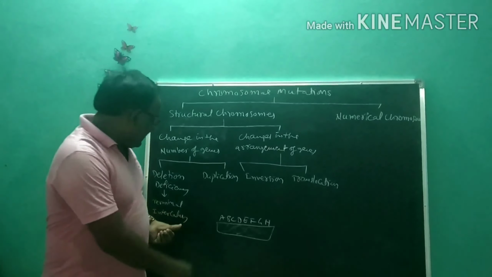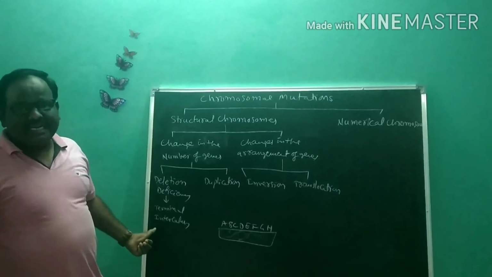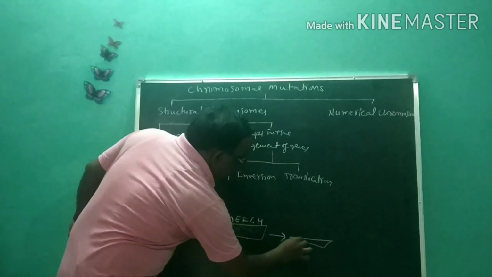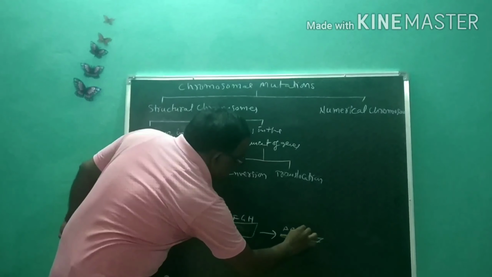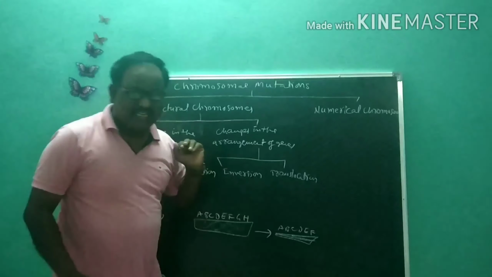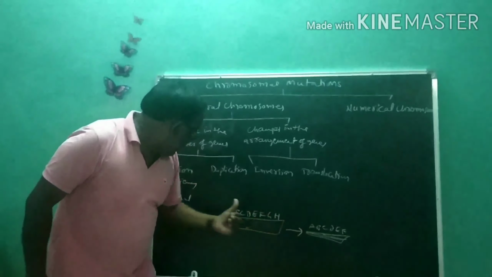If the chromosome has only A, B, C, D, E, F, there is no G H; G H is deleted. That is why it is called terminal deletion.